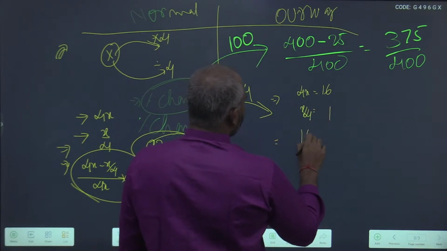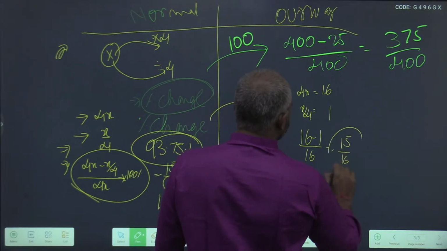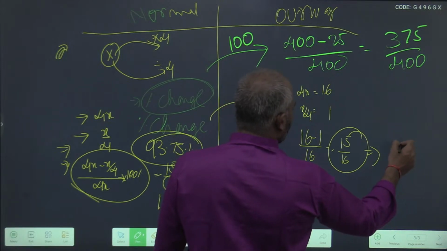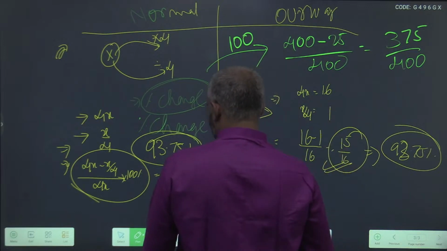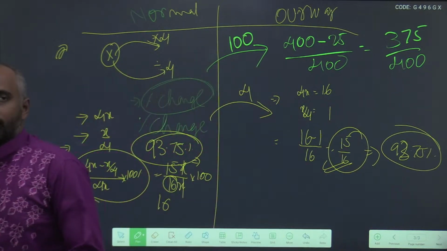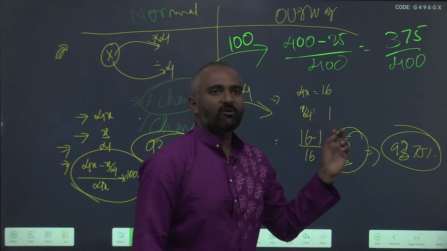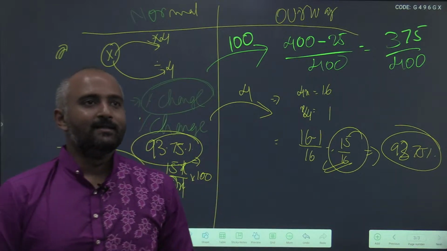So the difference is 16 minus 1 by 16, which is 15 by 16, which is 93.75%. If you are able to imagine the flow of the question itself, this is nothing more than an oral question.